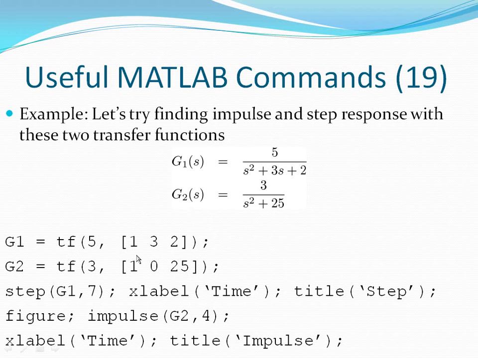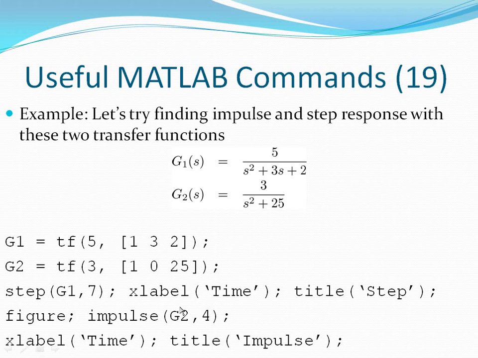So what I'm going to do is create a window that will graph the step response up to 7 seconds. Once that's done, it'll produce a new window, and I'm going to label the x-axis, which is time, and give it a title, which I'm going to call step. And then I'm going to create a new figure, and in this figure, I'm going to plot the impulse response.